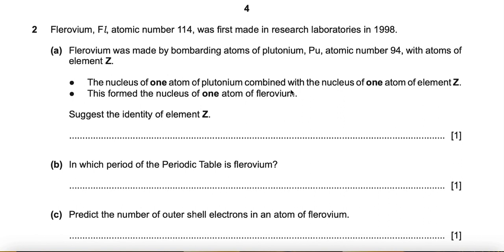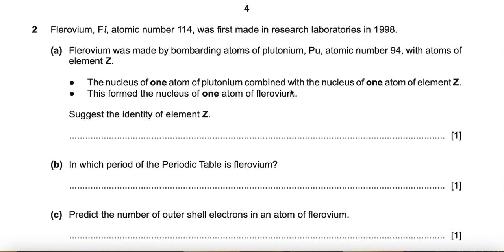Flerovium, that's Fl, is an element. Flerovium's atomic number is 114, which is the number of protons, and also the number of electrons, because the number of protons is equal to the number of electrons. That's why an atom is said to be electrically neutral.